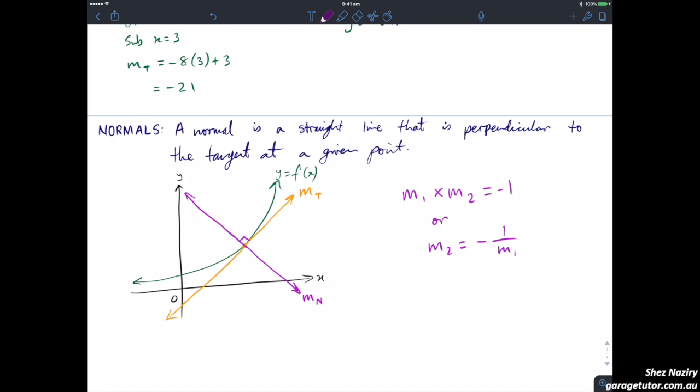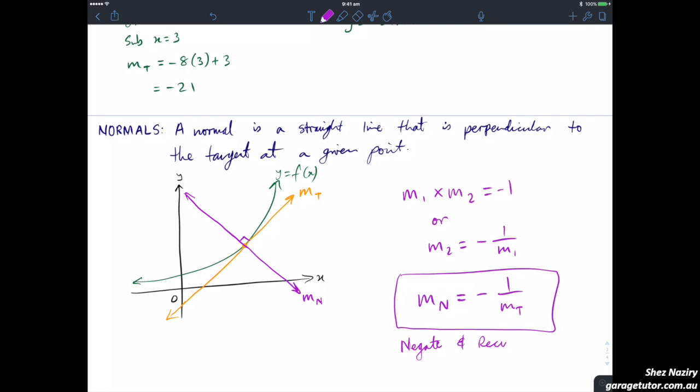In the language we're interested in, the gradient of the normal is negative 1 over the gradient of the tangent. The way I like to do these perpendicular gradients, watch this guys, I like to negate, and then I like to reciprocate. So I just put at the bottom: negate and reciprocate.